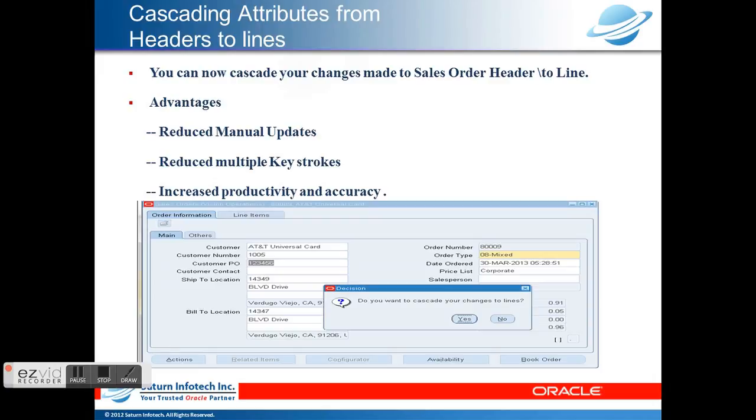If we say yes, then it's going to make changes to the line level. The same customer PO entered will be entered in the line level customer PO fields. So it is a really good feature which saves a lot of time and also increases the accuracy of the data.